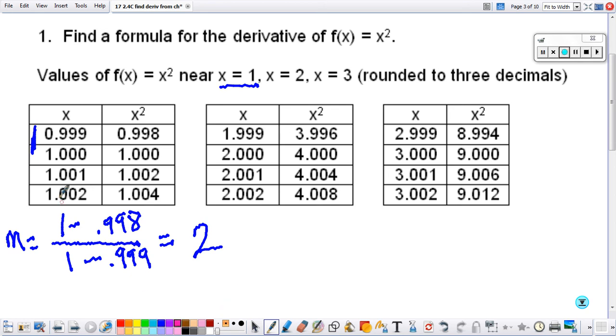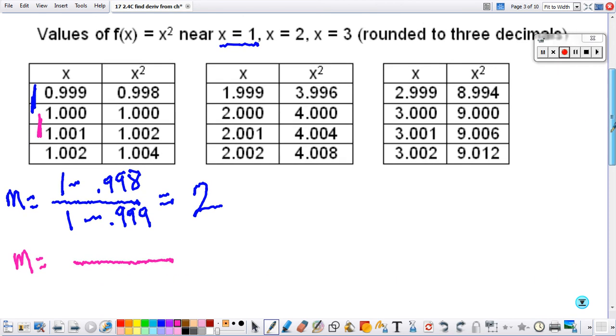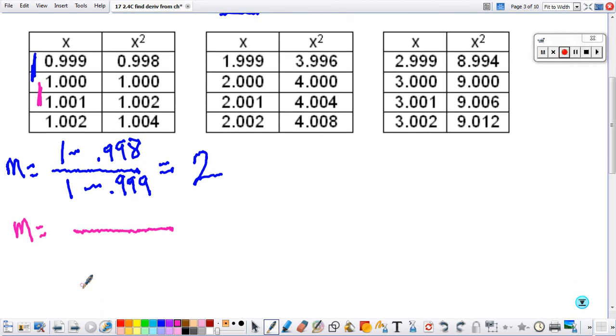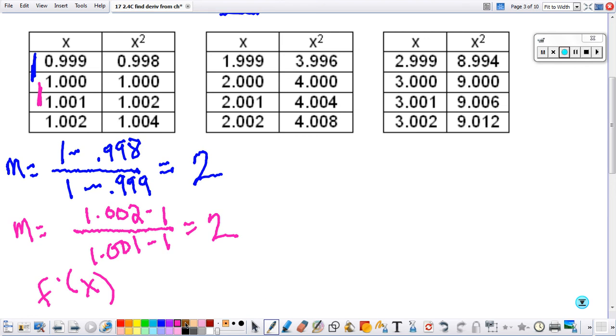Just to be safe, we should do the slope from the right-hand side, from the other side of 1. So that's 1.002 minus 1 divided by 1.001 minus 1, and we also get 2. So we can say that the derivative at 1, so the slope at 1 is 2.